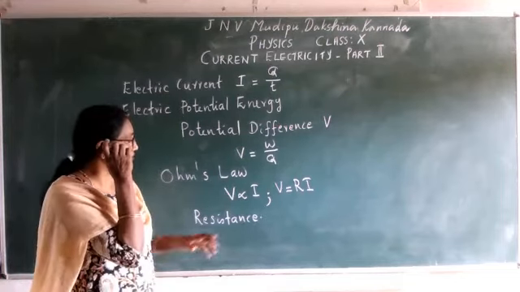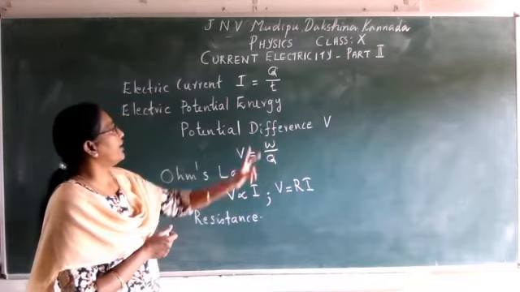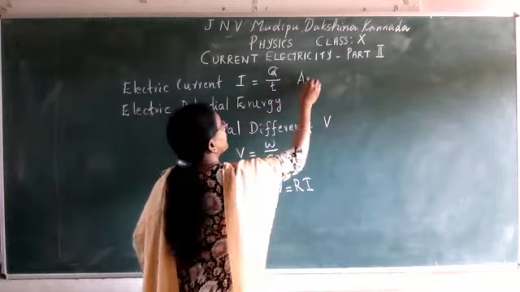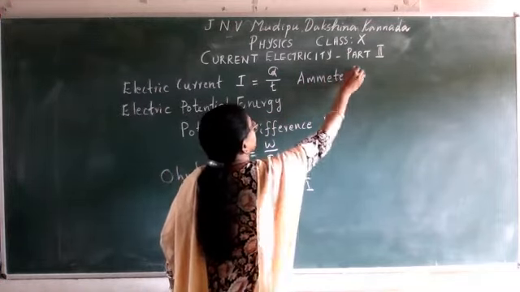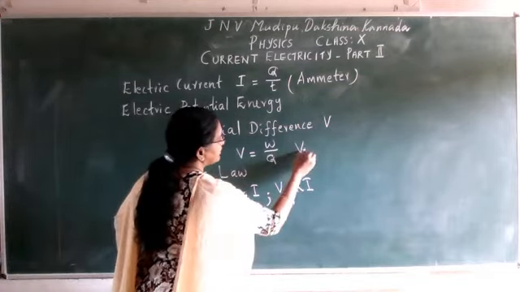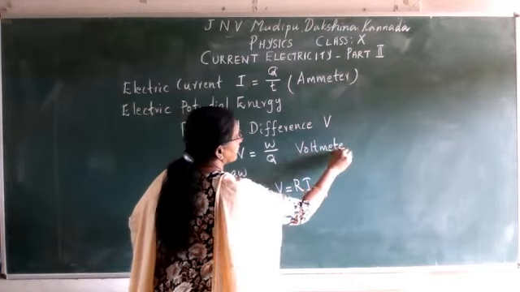So I just told you that day we have to use a device named ammeter to measure current, and a device named voltmeter to measure the potential difference.